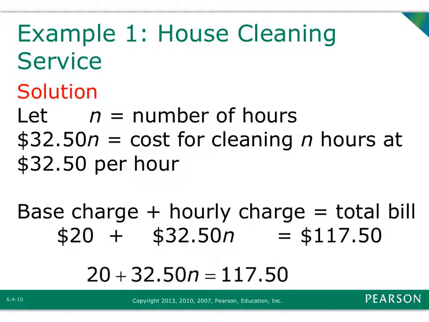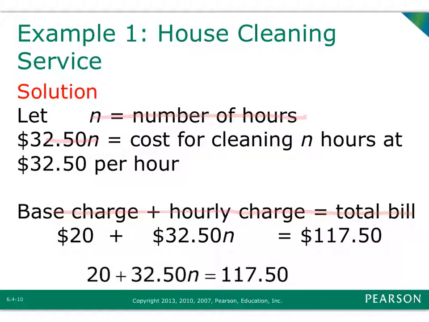So here's our solution. We let n equal the number of hours. So 32.50n is the cost for cleaning n hours, and we have 32.50 per hour. So here's our strategy: the base charge plus the hourly charge equals the total bill.